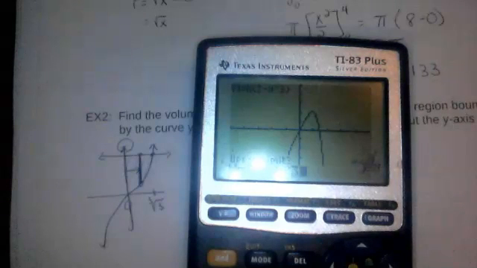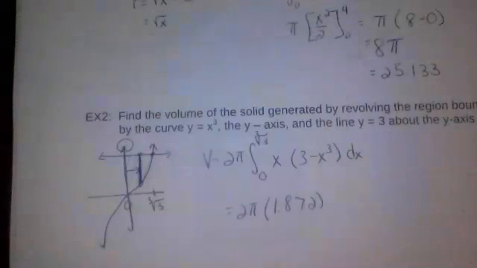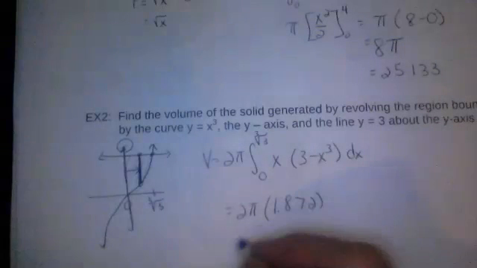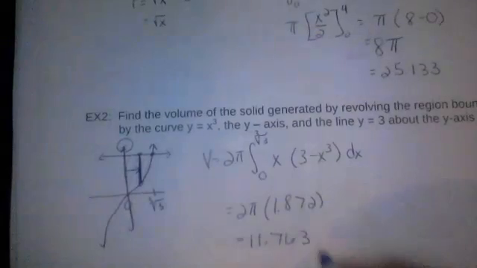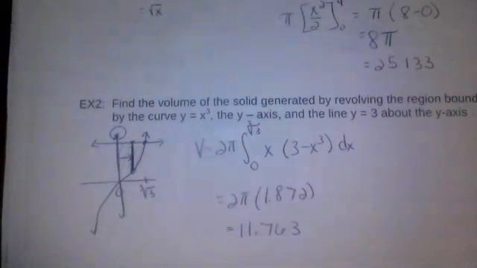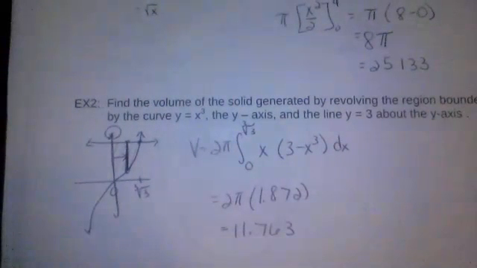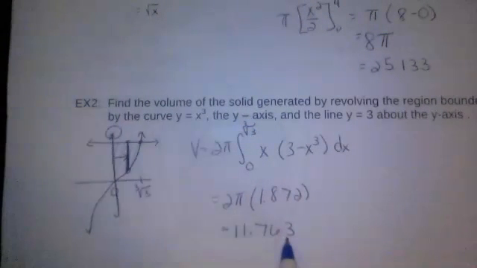Oops. And that's at 1.872. And then we're going to multiply that times 2 pi, and we get 11.763. All right, so the volume that this generates right here.